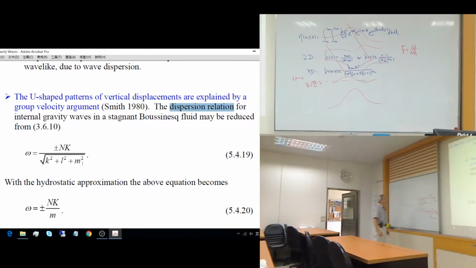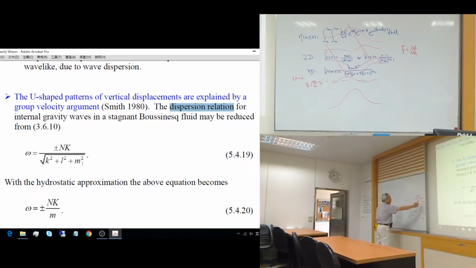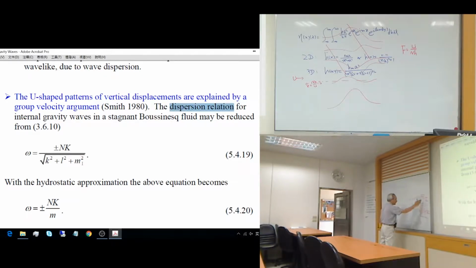Once you get the solution here, you have to transform back. It's easier for normal mode, but not as easy here because in normal mode you assume only one wave number, and here you have a spectrum of wave numbers, which is actually an infinite number of waves. So this becomes omega.